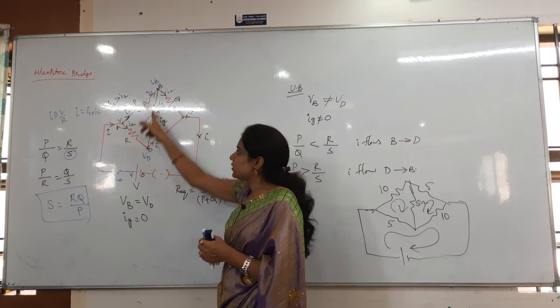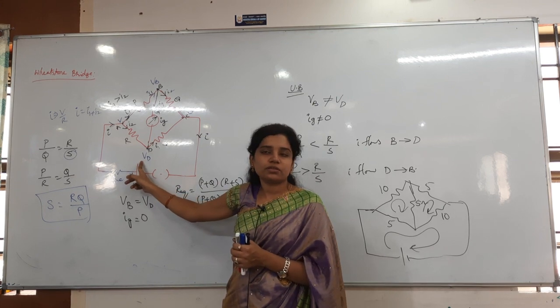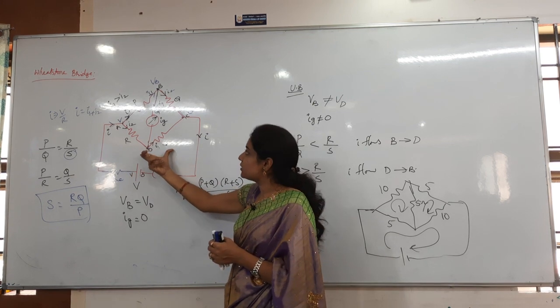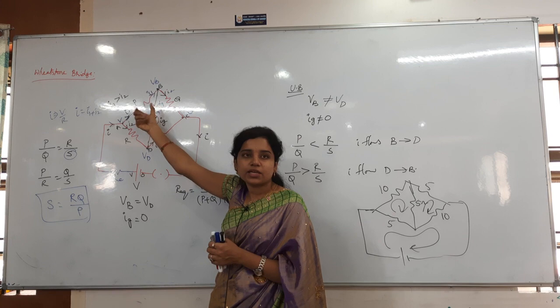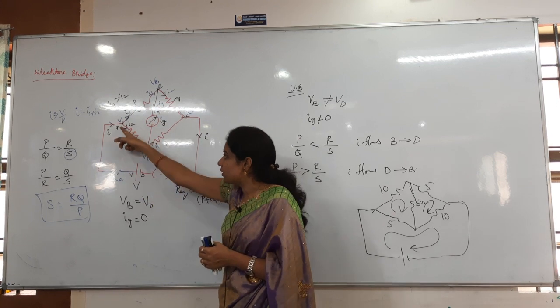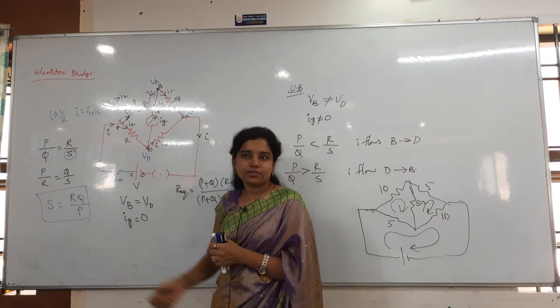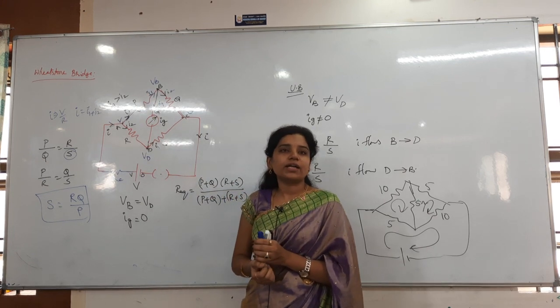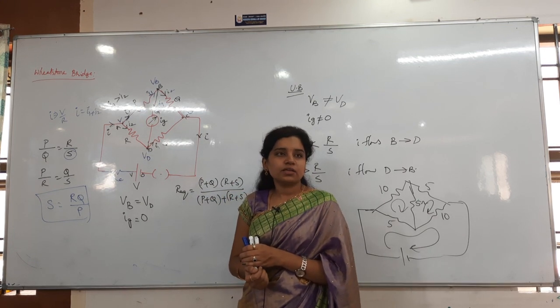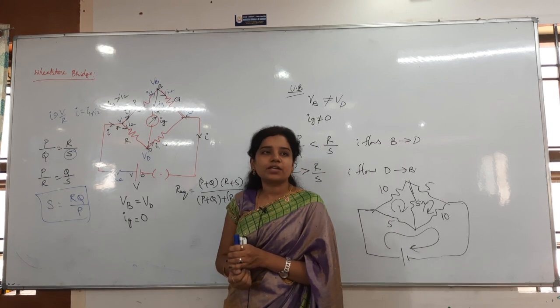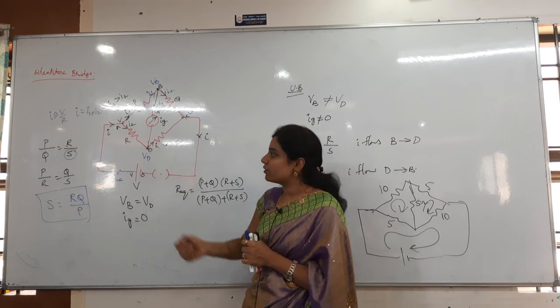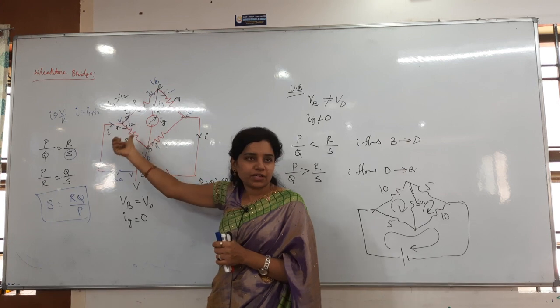The more current flow is coming into the bottom point here. Here R by S is lesser than P by Q, which means there is more current flow in I2. That I2 will go from where to where? D to B. That is about the current flow in the unbalanced case. In the unbalanced case, you have to find out the potentials, that is, you have to apply the nodal methodology. That will be very easy.